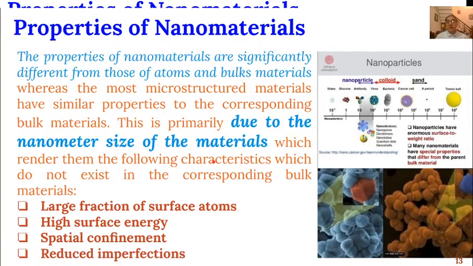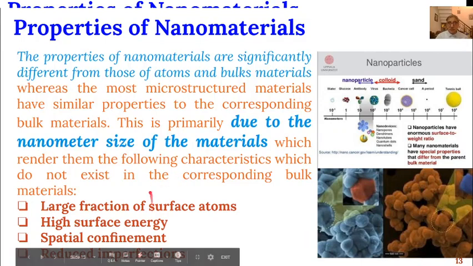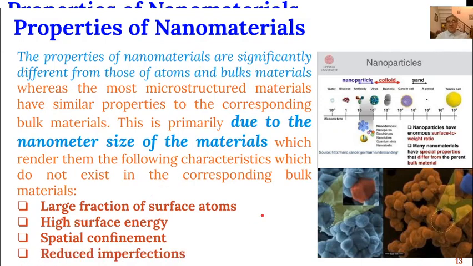Then properties of nanomaterials. The properties of nanomaterials are significantly different from those of atoms and bulk materials. And this is mainly because of the nanometer size of these materials. Because of that, the properties of these materials are very much different from the conventional materials. And because of these characteristics, the nanomaterials have very unique properties.